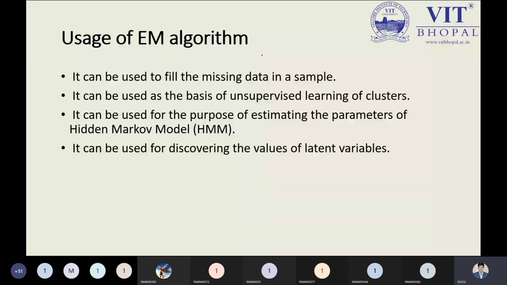And next, if you remember, the hidden Markov model. Now, what do you mean by the hidden Markov model? Let me give some idea over here. The hidden Markov model is basically a Markov model, named after the one who suggested it. Here we estimate some hidden parameters or hidden values, because those are treated as unobserved, but they are required.